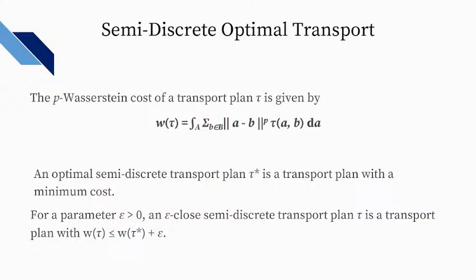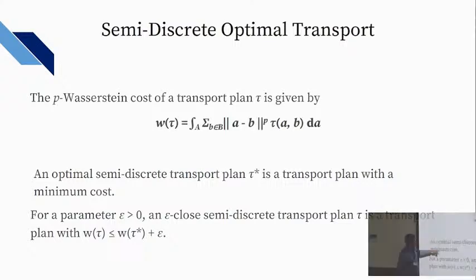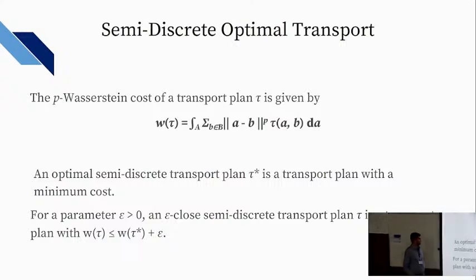So you simply multiply tau AB with the squared Euclidean distance between the two endpoints, A and B. That will be the cost of the edge between A and B. Now to get the overall cost, you simply have to add across all points of the discrete distribution and integrate across the entire space, the support of the continuous distribution. So that is the overall cost of the transport plan.